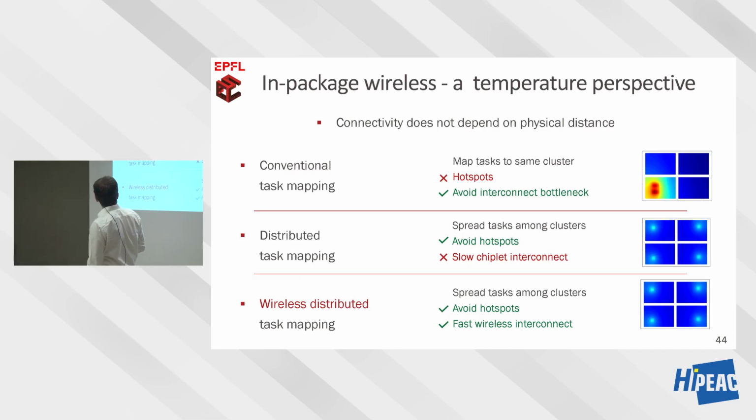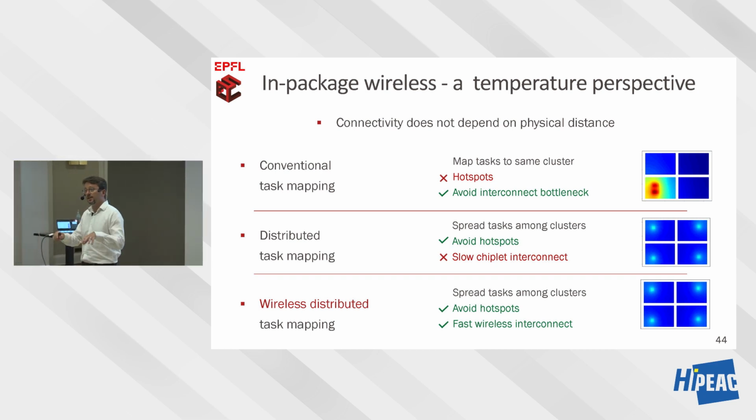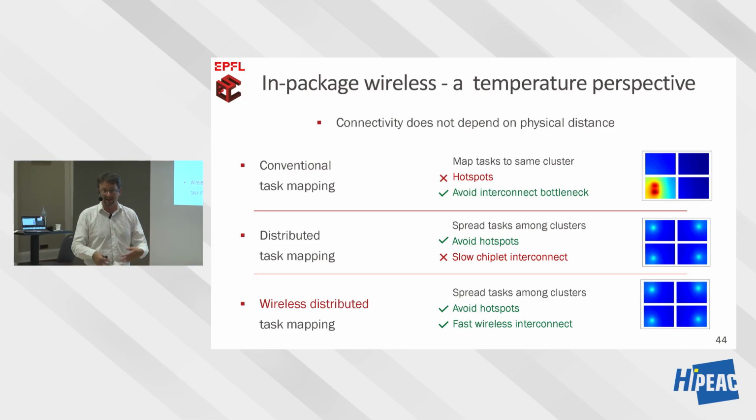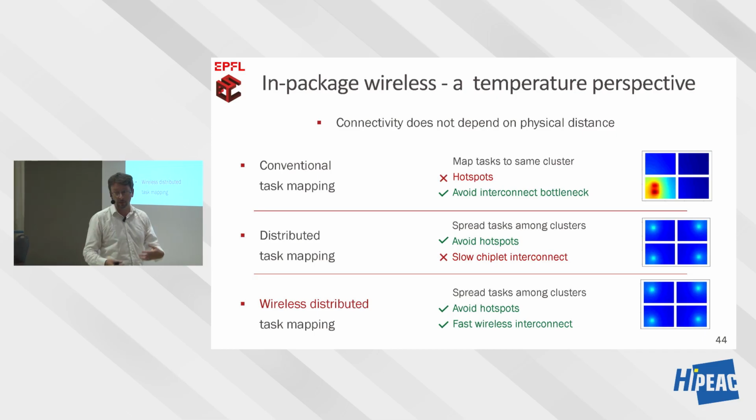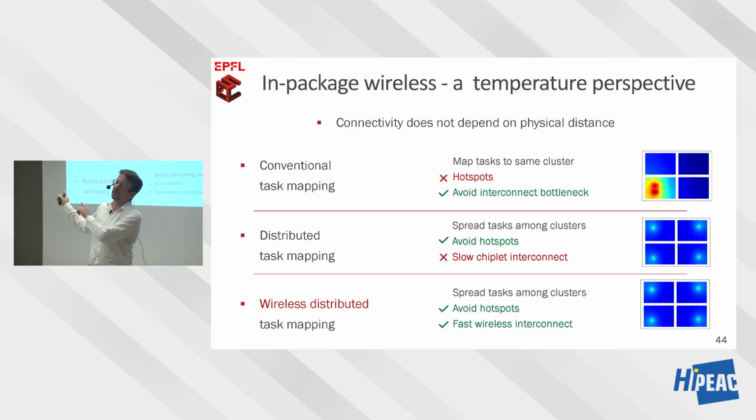So you can start thinking about distributing tasks to cores which are physically distant in order to have a better thermal behavior, because cores heat up and high temperatures are bad, and we want to mitigate that. So you can do a thermal aware mapping which takes advantage of wireless links.